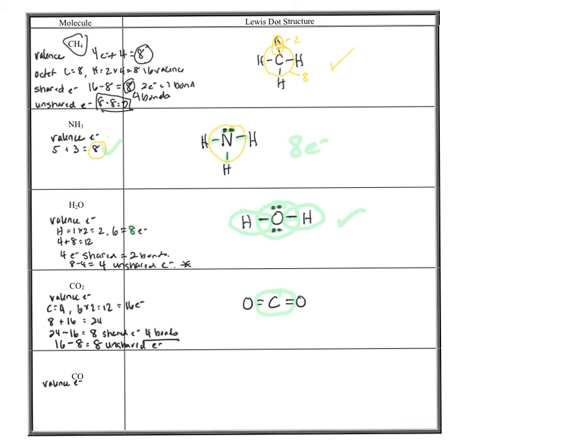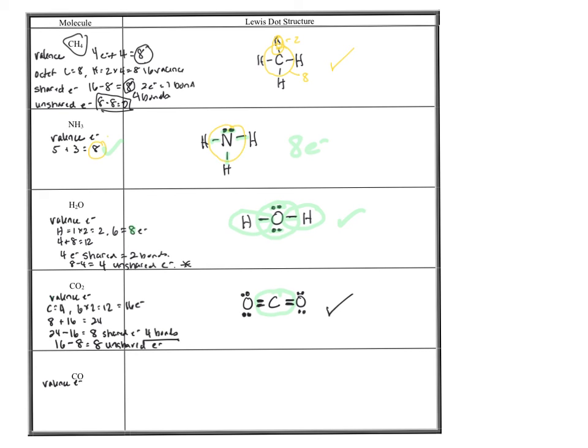But I do need to put some unshared electrons around oxygen. So I can see that I have 2, 4, 6, 8, 2, 4, 6, and 8. All right, and that's telling me that I have 8 valence electrons that are unshared, 4 bonds, everything meets the octet rule. That is done.